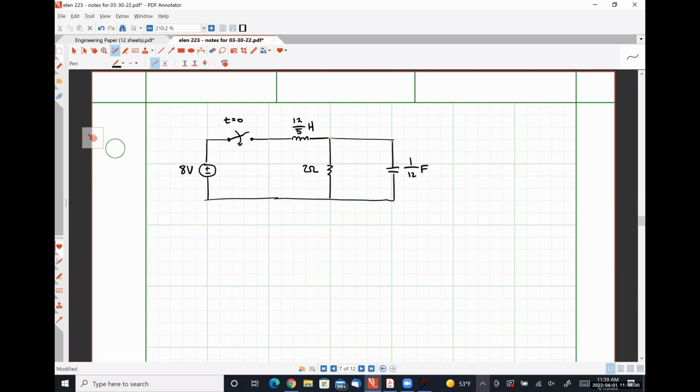And what I'm going to look for in this case is the voltage drop across my capacitor. And I'm just going to call that v(t) in this case.